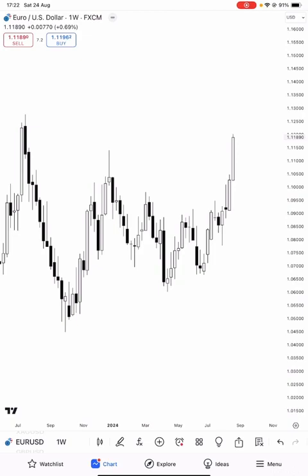But I must say that PD arrays, I use them obviously, but they are not the reason why price moves. The reason why price moves is liquidity, and the movements of price are dictated by time, because they are on a schedule.